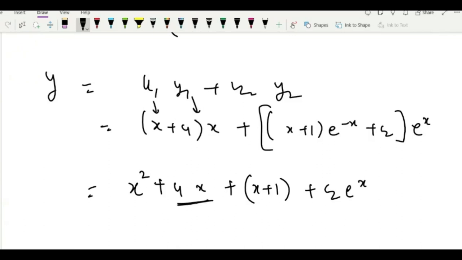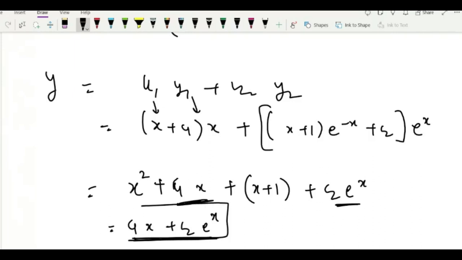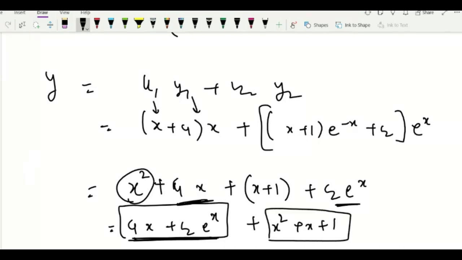From here you can see this contains constants c1x plus c2 e raised to power x, which is the linear combination of the CF part. So this is the CF, plus the remaining one has no constant, so this is our particular integral. So this is our final solution, and the method of variation of parameter is as simple as the other methods.